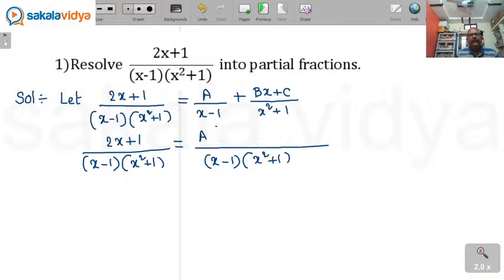Here we get a times x square plus 1, plus, x square plus 1 gets cancelled, we get bx plus c times x minus 1.